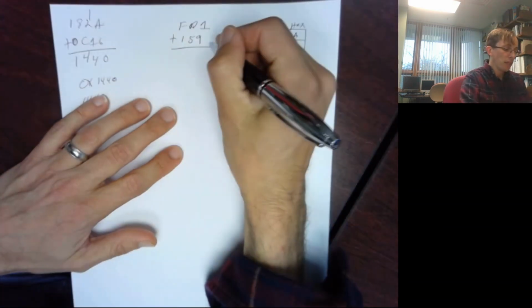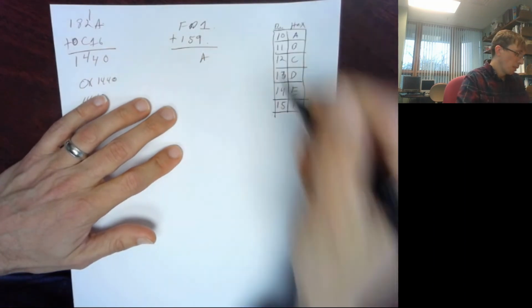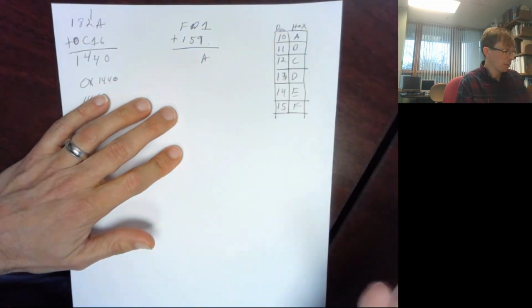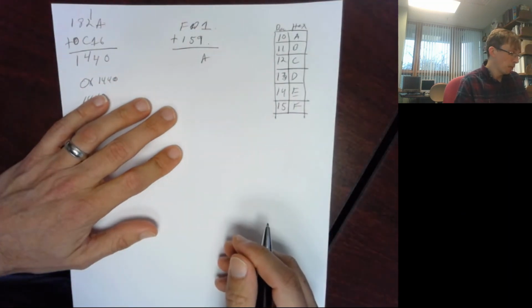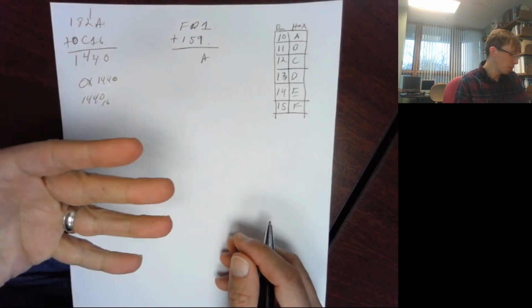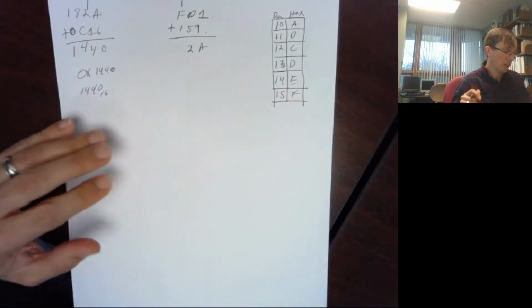Again, we'll start adding. 9 plus 1 is A, not 10. And then we don't carry anything because we're in hexadecimal. Now we have D plus 5, so E, F, 10, 11, 12. So we have the 2 there, and we carry 1 in that case.